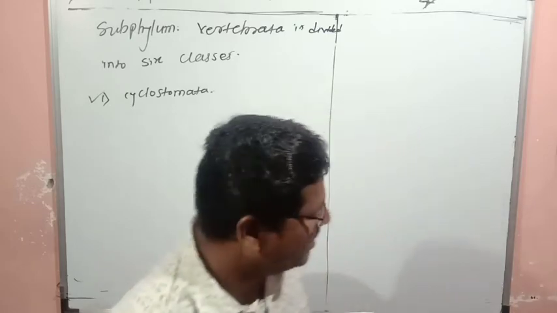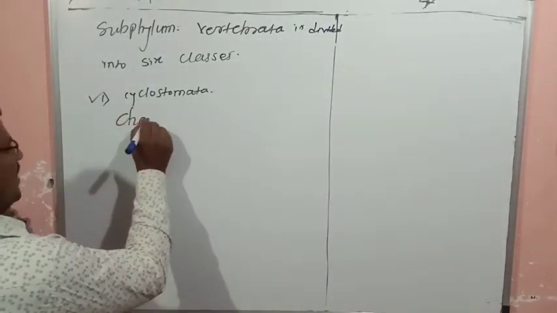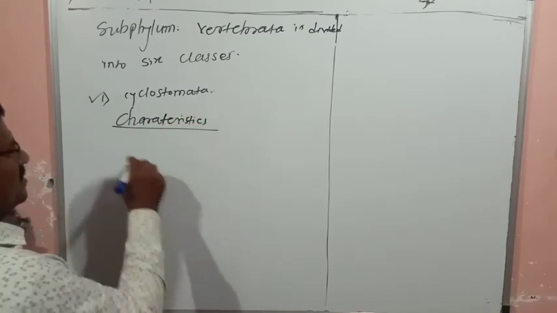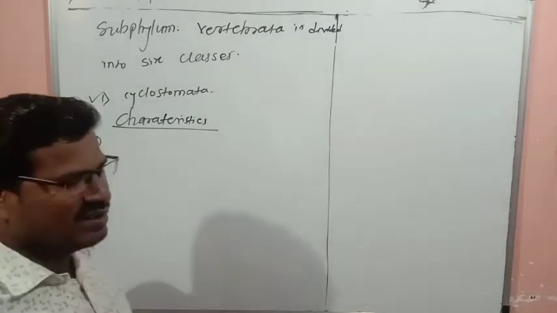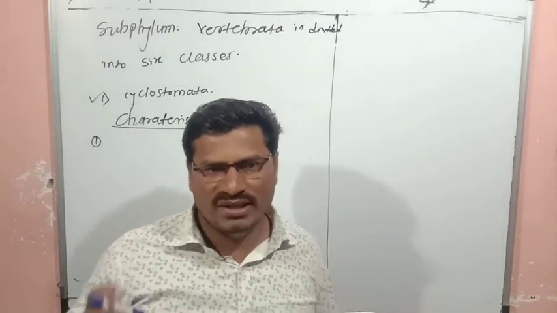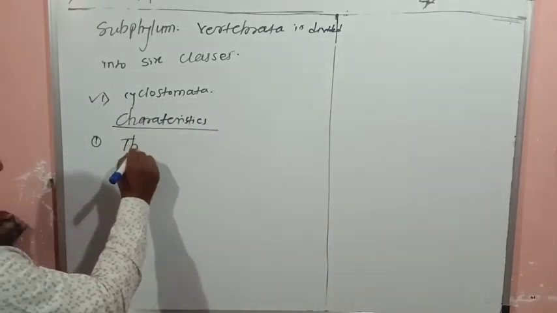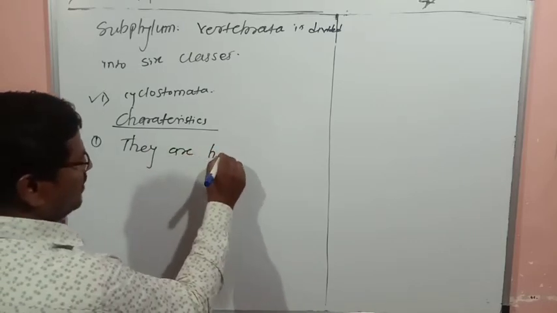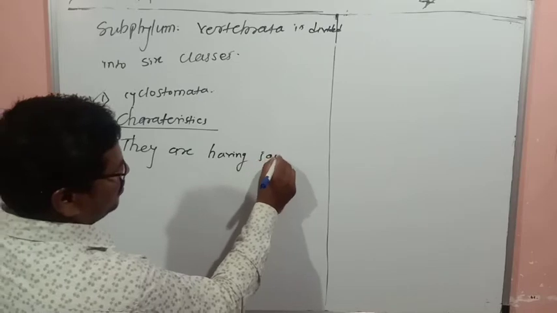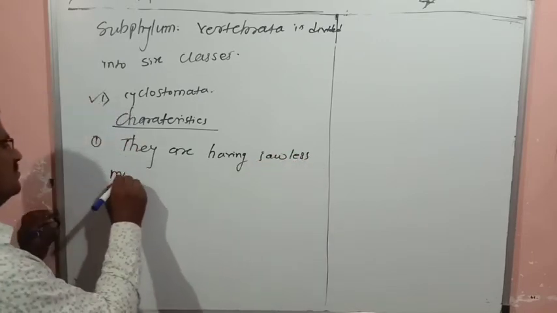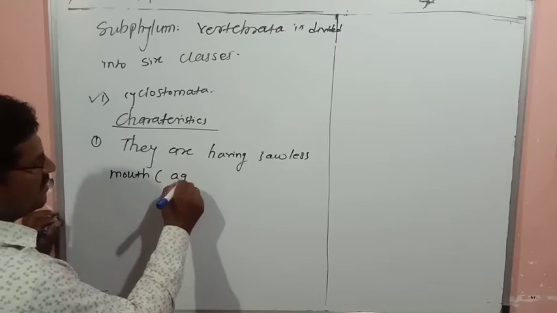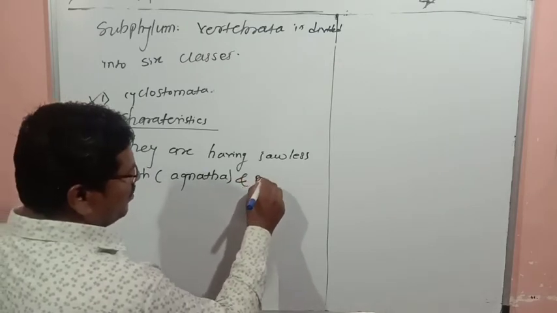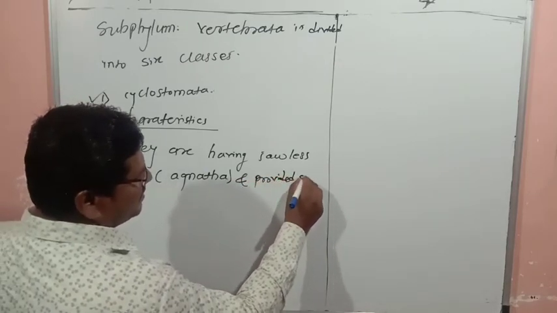Now we will write the characteristics of Petromyzon and Myxine. The first characteristic is that they have a jawless mouth, meaning they are Agnatha, and the mouth is provided with suckers.